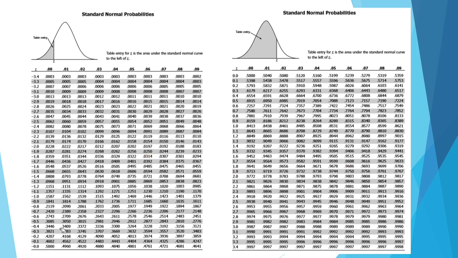So the last problem, we'll go to negative 1.19. That's negative 1.1 for the row and 0.09 for the column. So our area is 0.1170. And now we'll look for negative 0.17. The row is negative 0.1 and the column is 0.7.